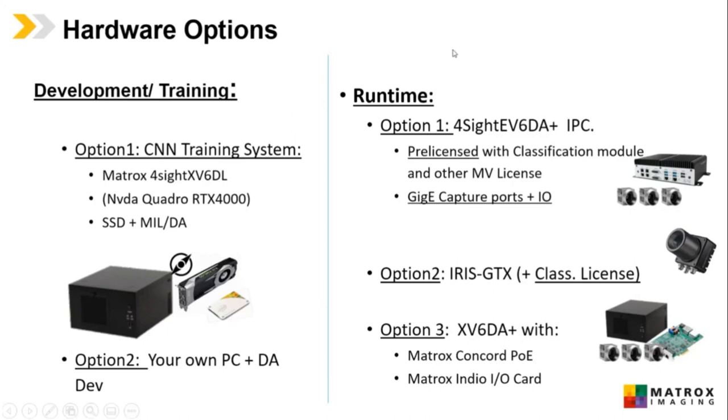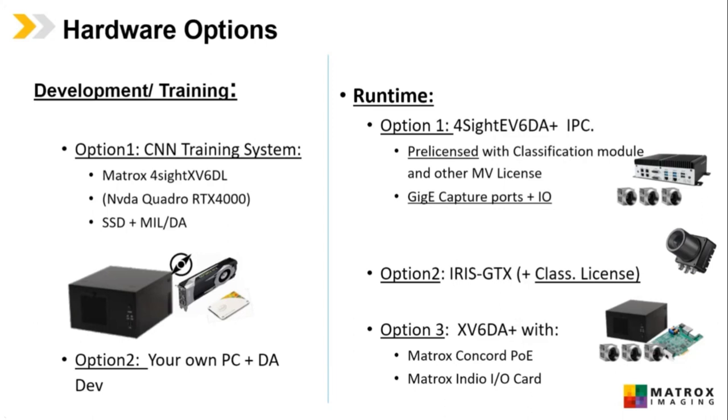Now, once you have the training, we talk about runtimes. Option number one, you can deploy your application on our Foresight, which can have cameras attached to it, multiple cameras. Option number two would be to deploy to an Iris GTX smart camera. The camera becomes sort of like your inspection appliance device.